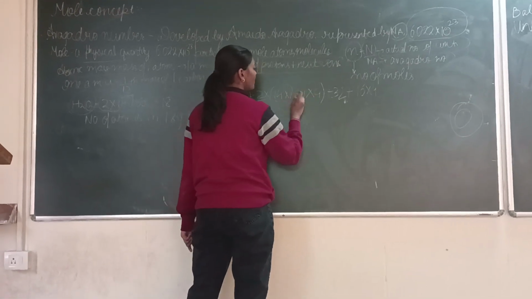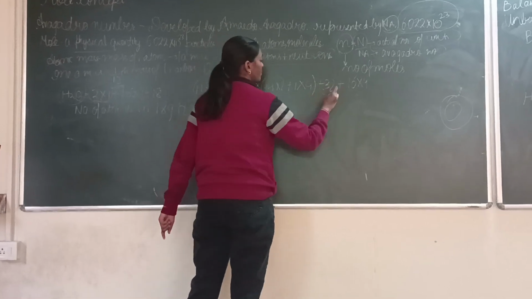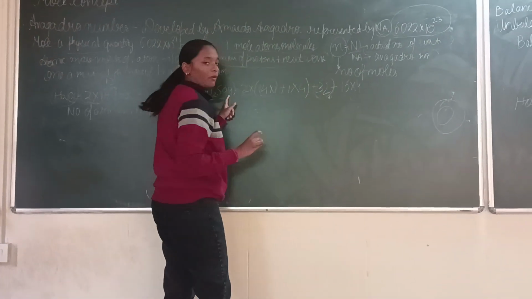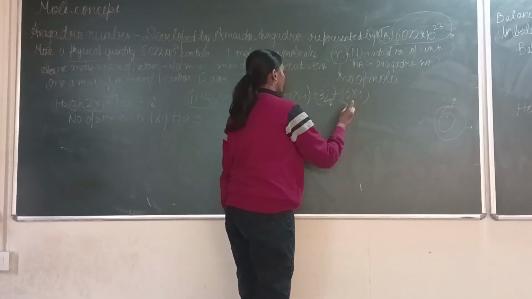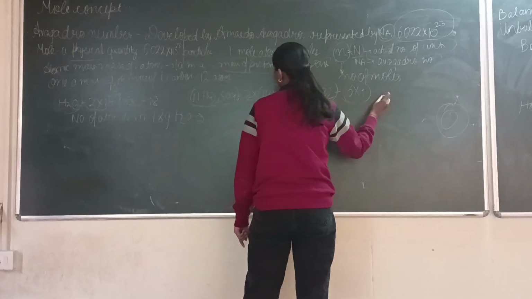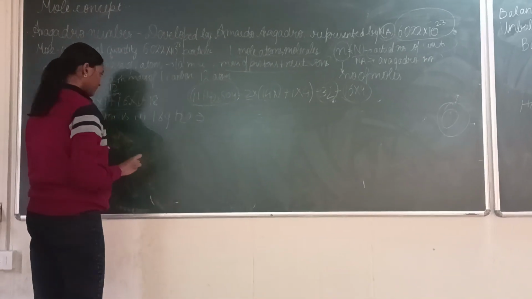So 14 into 1 plus 1 into 4, plus the atomic mass of S, which is 32, and O again has atomic mass of 16, so 16 into 4. You can add all this together to find the molecular mass of (NH4)2SO4.